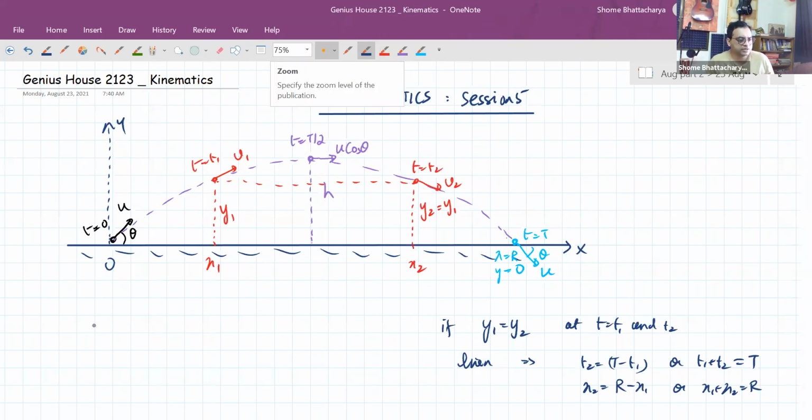Okay. And of course, we had these standard equations that in general, as a function of time, coordinates and velocity we know how to write.